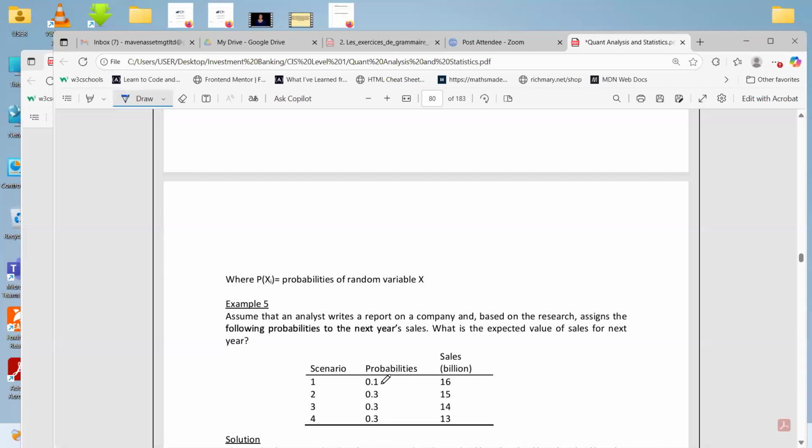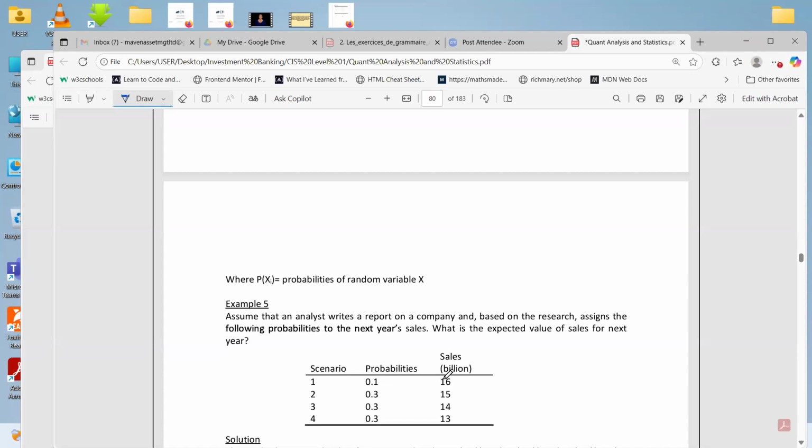So when you have probabilities, what you need to do simply is to multiply the probability by the values you have. The sum of which should land you at your answer.